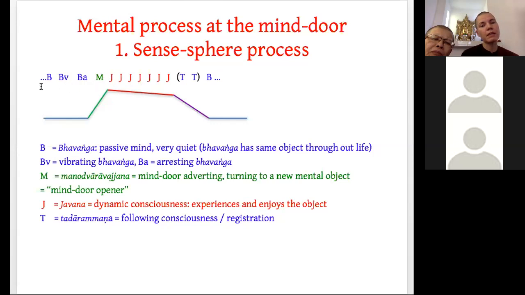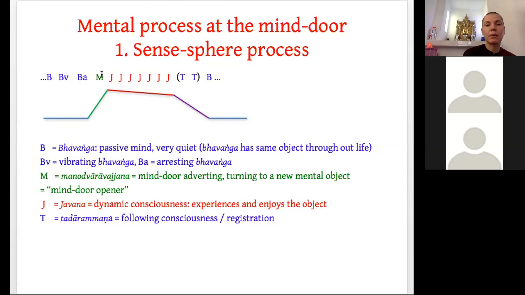We say that throughout life there is consciousness, but just now in the beginning I was saying that there is no consciousness that doesn't have any object. So every consciousness will have an object. Javana is experiencing an object that appeared, that came in contact with the mind door.